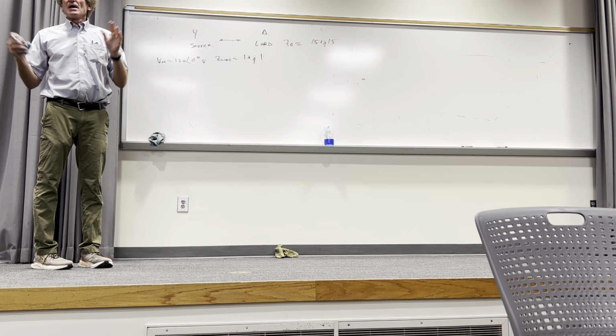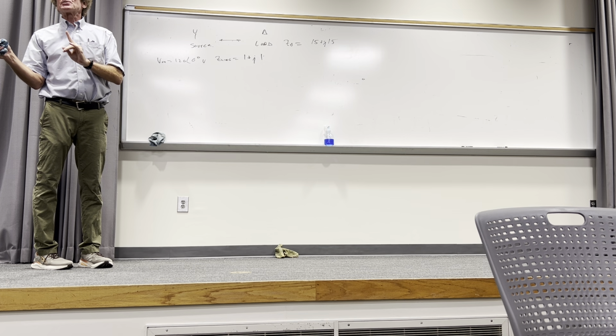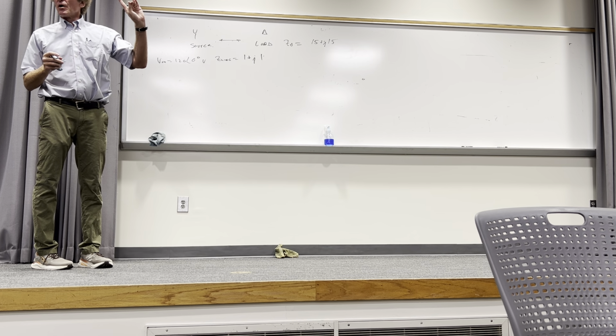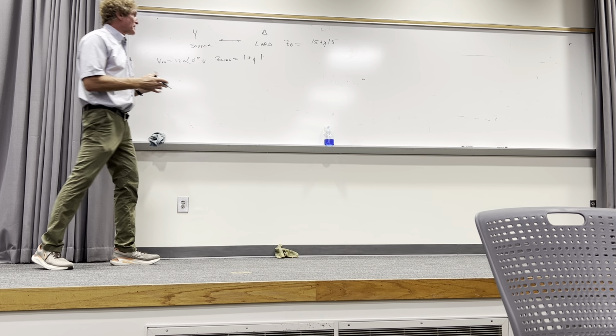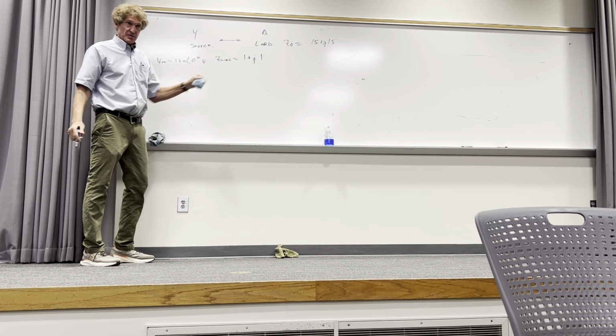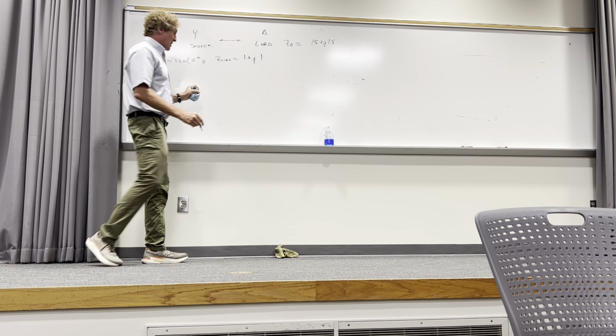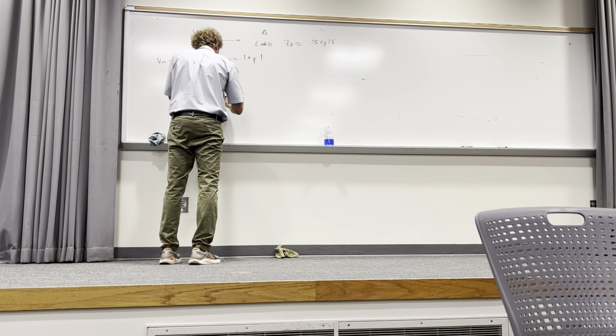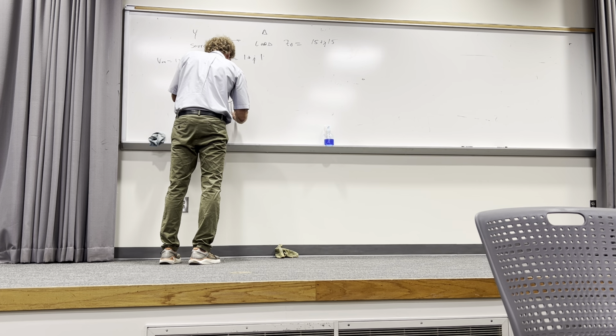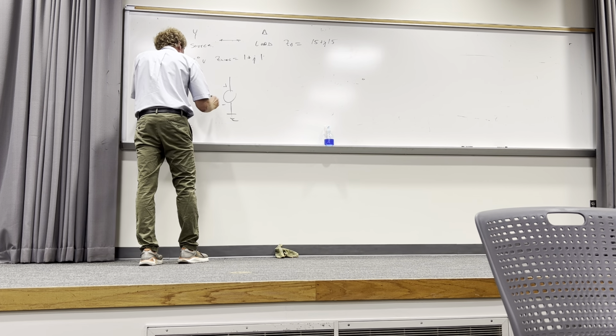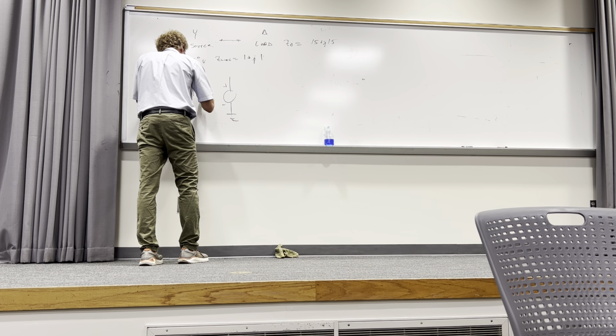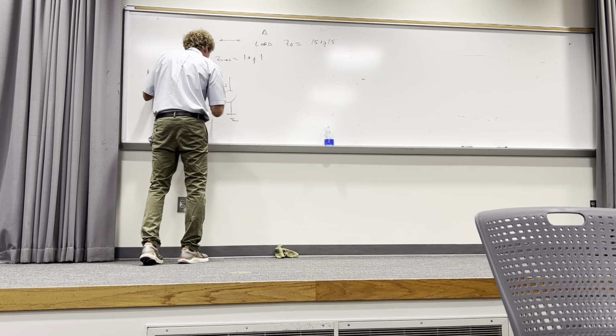I want to make sure you hear me loud and clear on this. So we're just doing Y source, Y load. When we do that, we have to account for this. So here it is. Plus to minus this, I'm going to ground that. This is 120 volts RMS at 0 degrees.